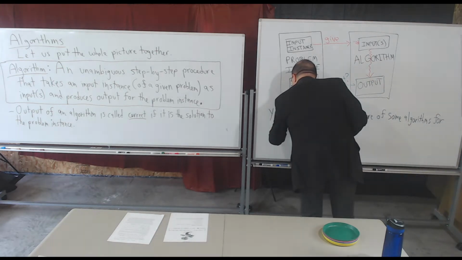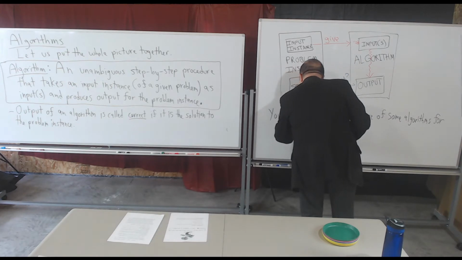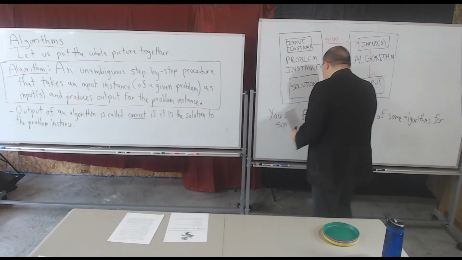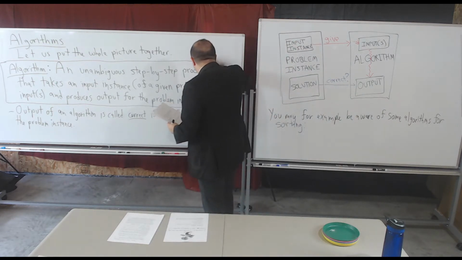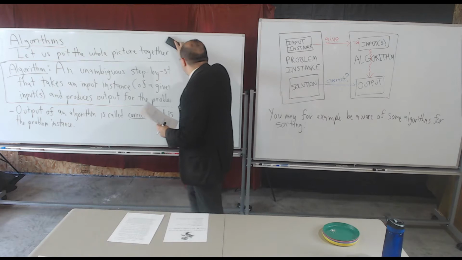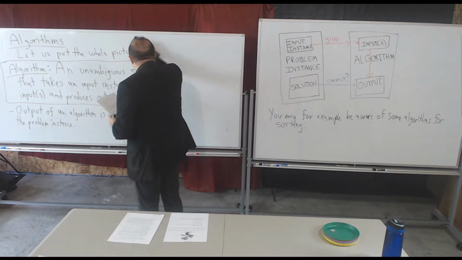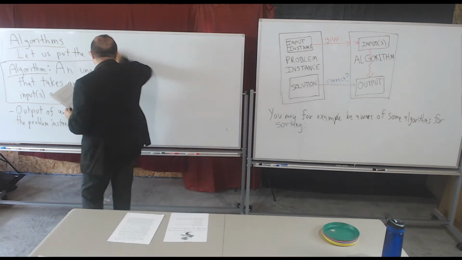Remember I gave you a sorting problem last day? Think about some algorithms for sorting. If I give you an array, I want to know how you can sort it. I give you an array, you return back the sorted array.